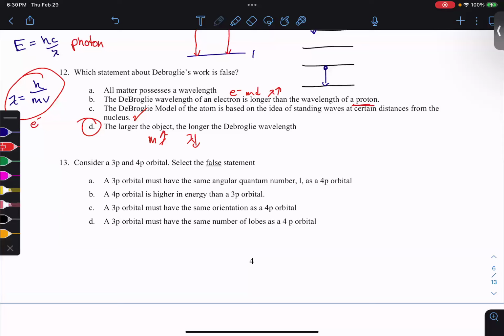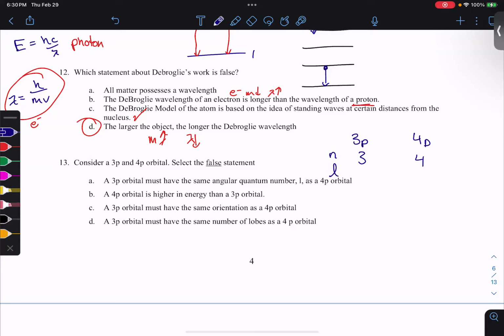That is true. Why don't we just go through the quantum numbers? So 3p and 4p, what are the n values for each of these respective subshells? For 3p, what is n? Don't think about it too hard. It is 3. Where did I get that? It's the 3. What about the 4p? What is its n? 4, perfect.